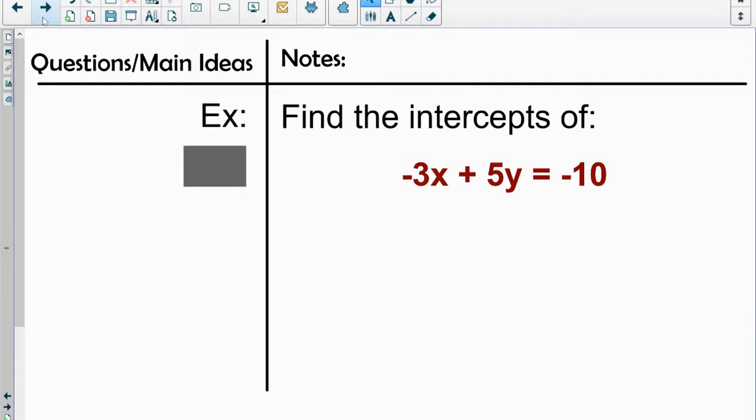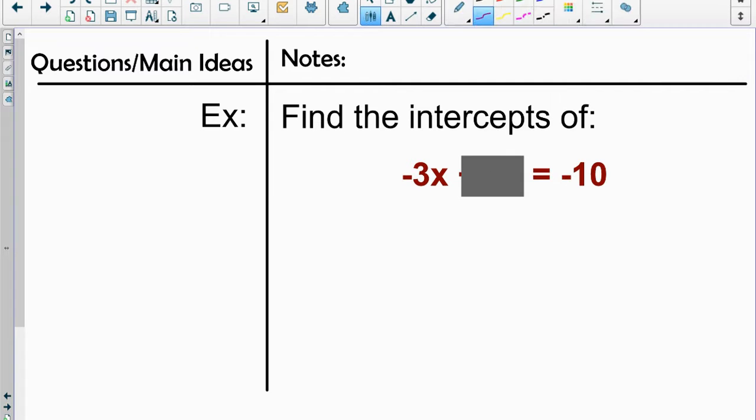All right, our last example, we have negative 3x plus 5y equals negative 10. We're going to find the intercepts. We're not going to graph here. Finding the x-intercept, let's cover up the y variable and solve the remaining equation that we can still see. Negative 3x equals negative 10. It looks like we just have to divide once again.